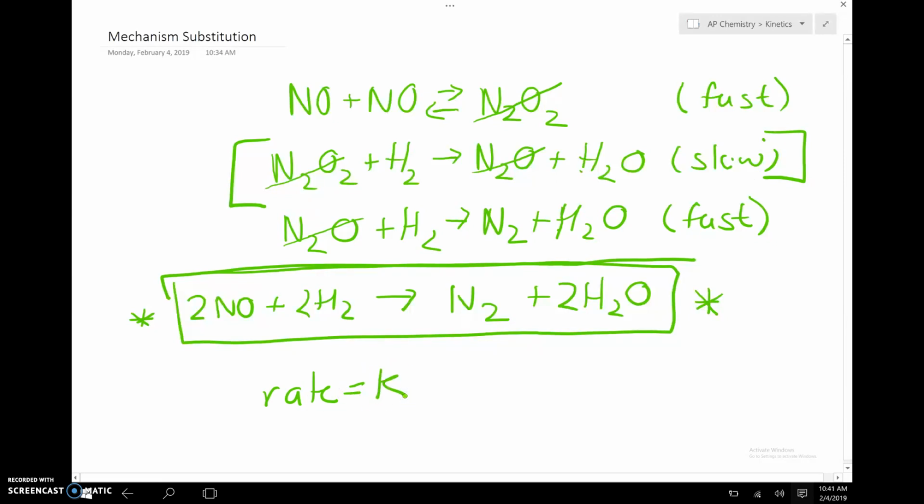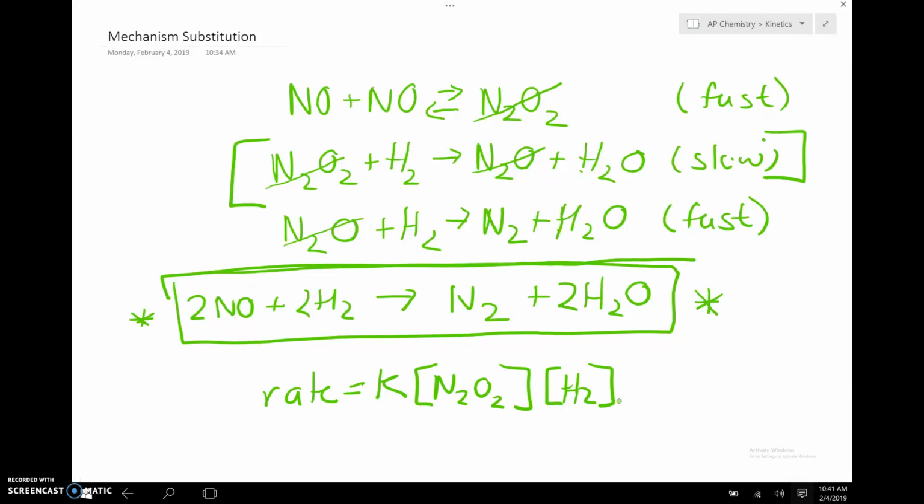And then I include all reactants: concentration of N2O2 to the first power, because there's a coefficient of 1 on N2O2, times concentration of H2 to the power of 1, because the coefficient of H2 is 1. This is my rate law for the slow step. And this rate law should match my most likely previously determined rate law.